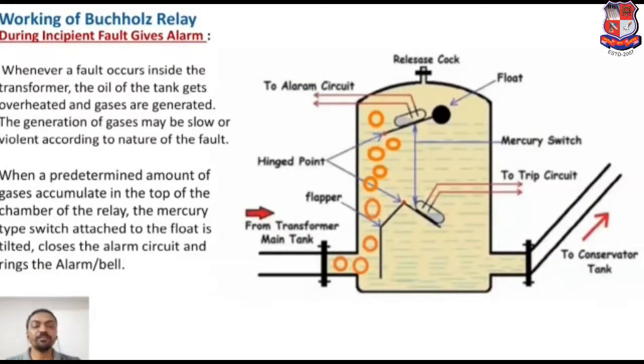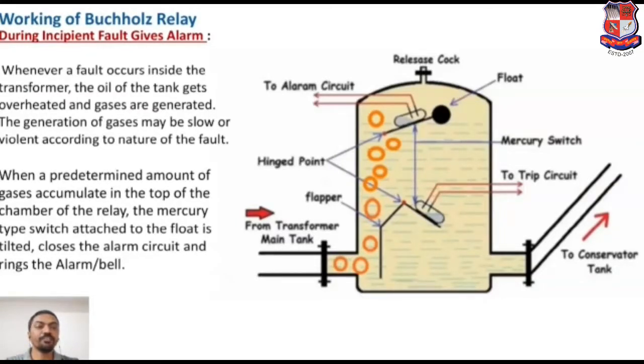Now working of the Buchholz relay, we know that there are 2 types of faults, incipient and severe. So during incipient fault it gives alarm. When an incipient fault, meaning a smaller fault, occurs in the transformer, oil is overheated and gas is generated. This gas is accumulated at the top of the Buchholz relay.